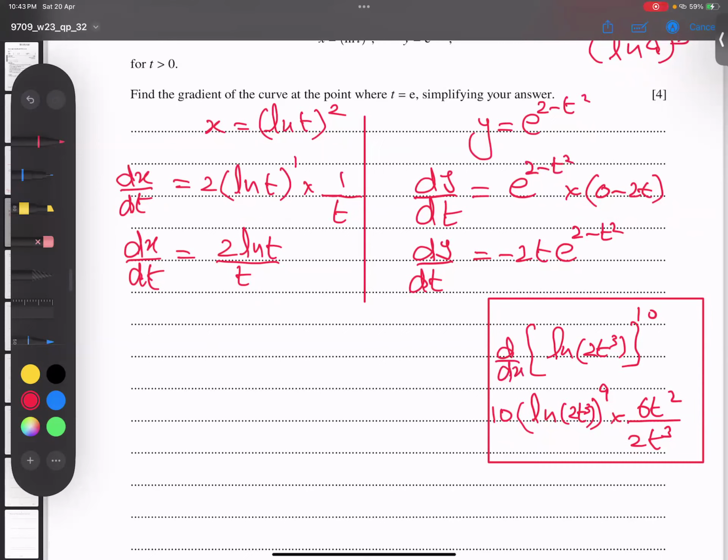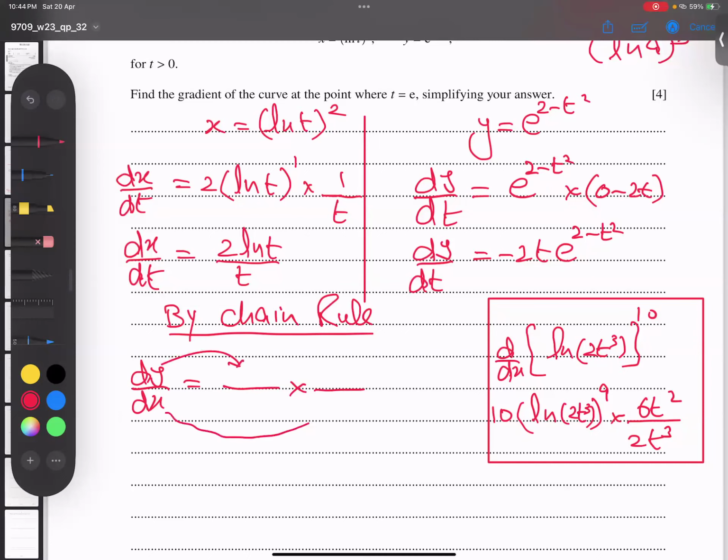So what is the chain rule now? By chain rule, actually, I'm looking for dy over dx. So I will write two fractions, students. So this is coming in the first numerator. This will go in second denominator. So dy here and dx here. And the third variable used in the question is t.